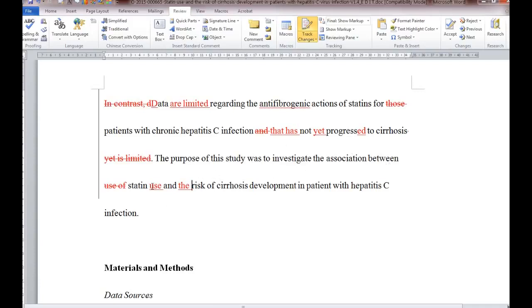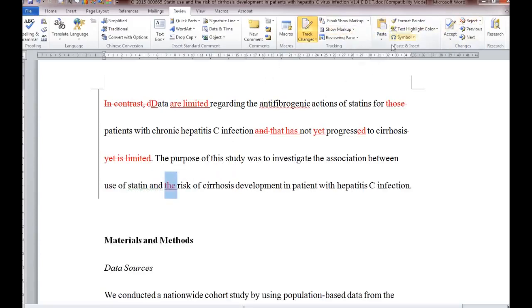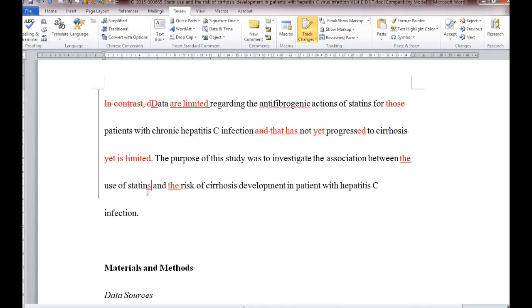Okay. Here we have the final sentence of the introduction. The purpose of the study was to investigate the association between use of statin. Use is a countable noun. Okay. Actually, we can use use non-countably, but here generally we'd have the use of statin, but I think I'm going to go ahead and, yeah, it can be used non-countably in this instance.